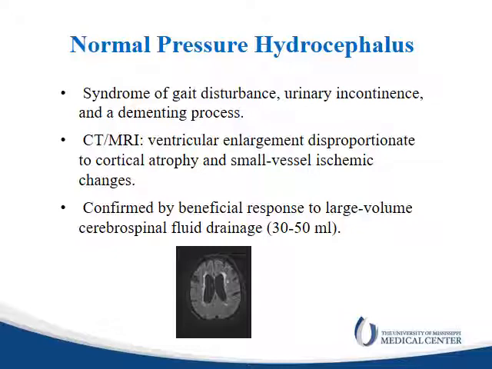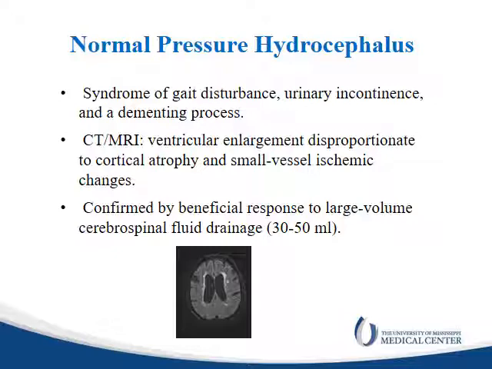To confirm the diagnosis, or to confirm if the patient will actually respond to treatment, we do a large volume cerebrospinal fluid drainage. This is the so-called large volume lumbar puncture, removing at least 30 cc of cerebrospinal fluid. Once the fluid has been removed, because of the pressure change inside the ventricles, you will sometimes see significant improvement of the patient's gait and walking.